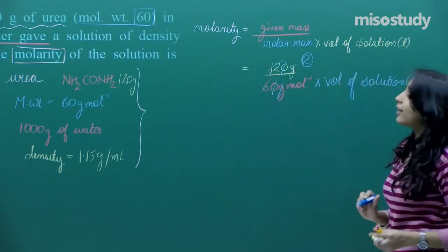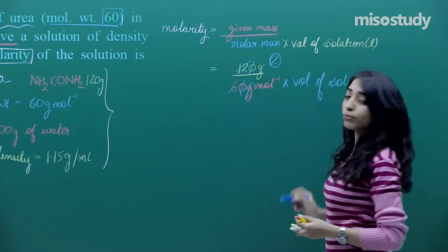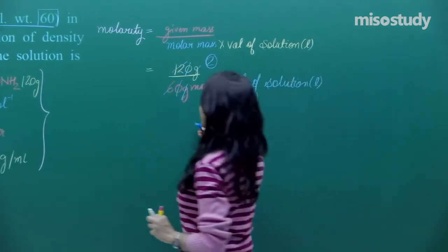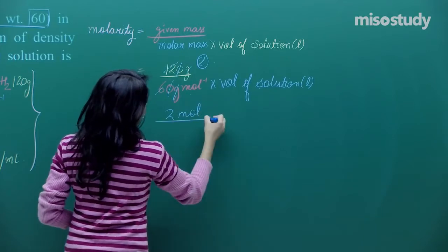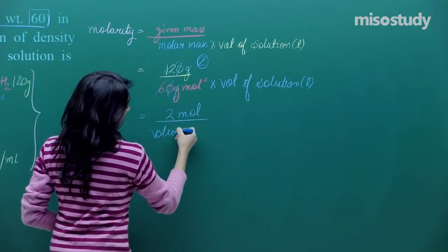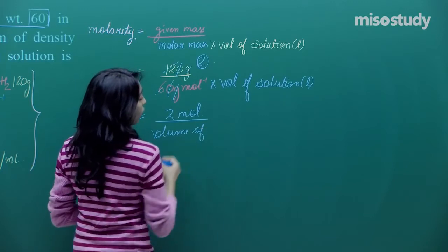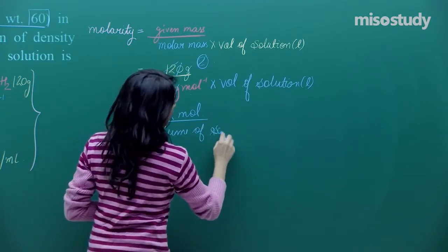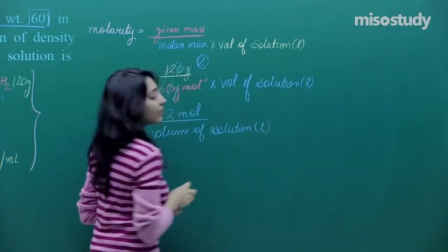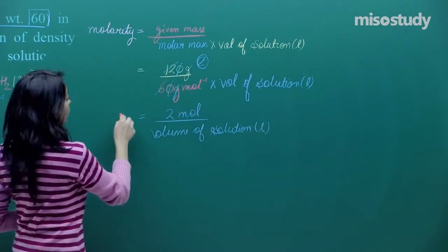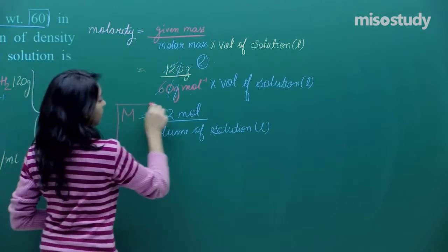So I can simply write 2, and here per mole will become 2 moles, right? So what will I finally get? 2 moles divided by the volume of solution, which is to be written in liters. This will be the final molarity.